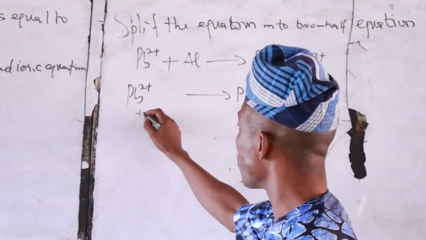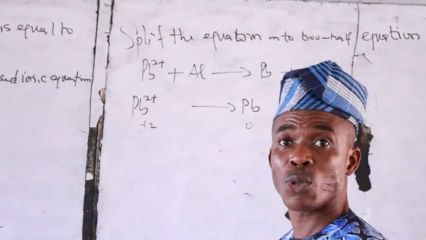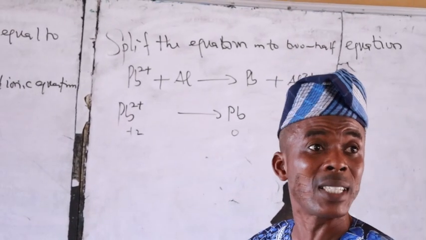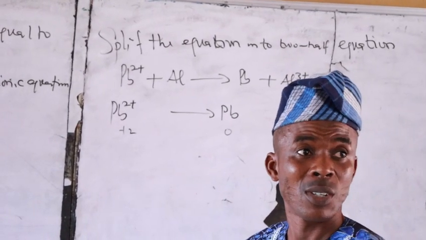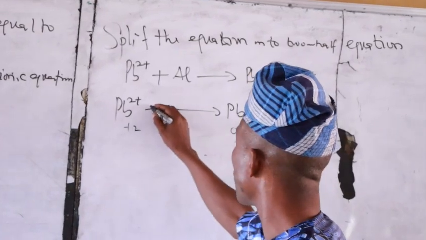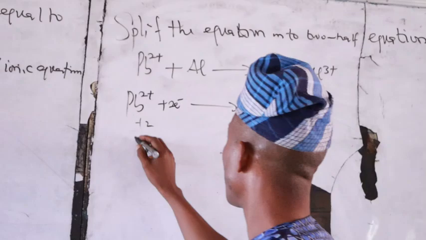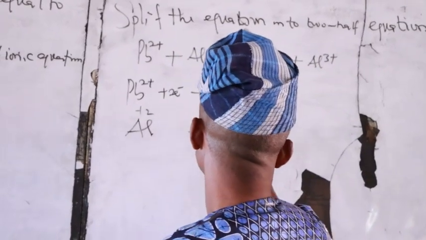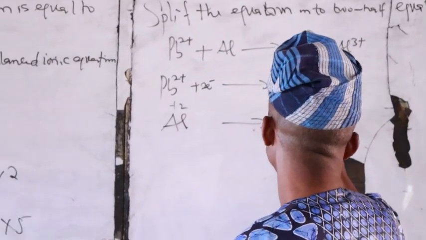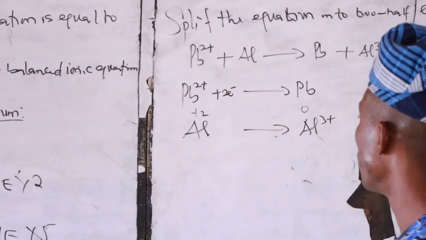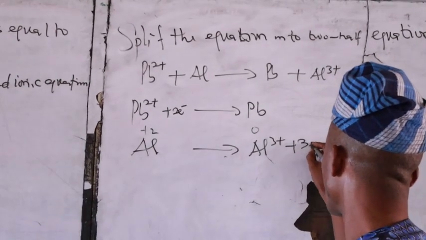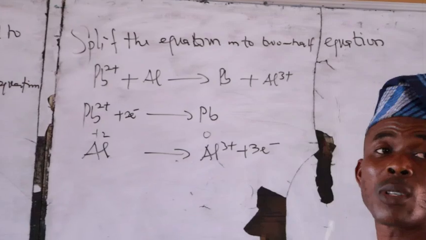When the charge here is plus 2, the charge here is 0. So you must always balance the charge with electron. So that will be what? Plus what? 2 electrons. Then you have Al goes into what? Al3+. Then what do you do? Plus what? 3 electrons. And that is what I asked you to do.